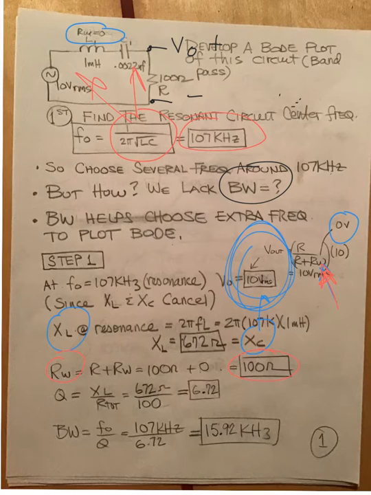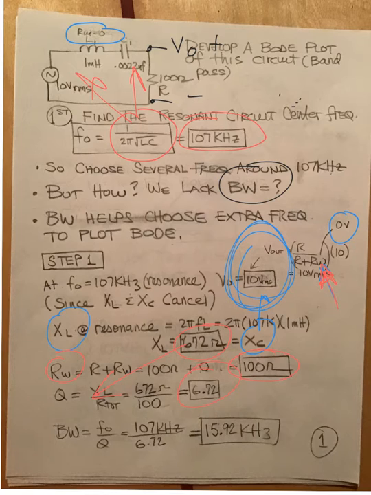And this allows us, now that we've calculated 100 ohms and we have X sub L, to calculate Q, which is right here. And we discover that it's 6.72.